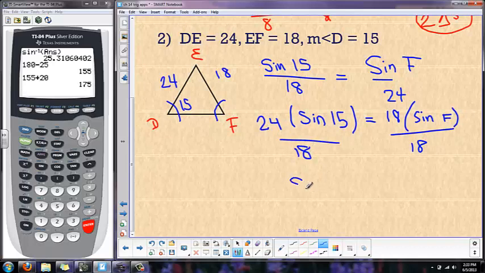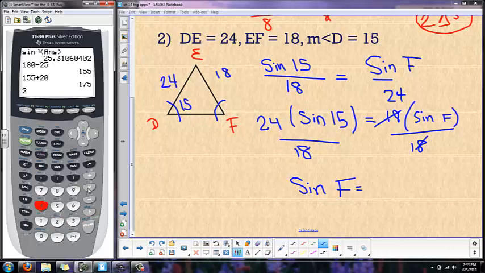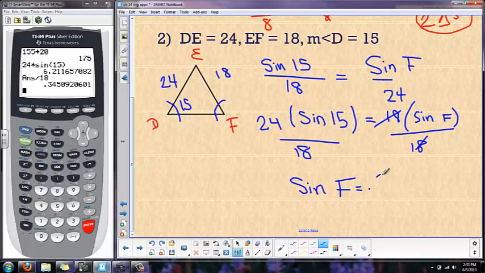So the sine of F is equal to all of this stuff because that's gone. So 24 times the sine of 15, hit enter, divide that by 18. So sine of F is equal to 0.345.